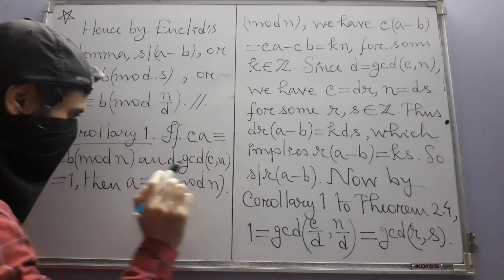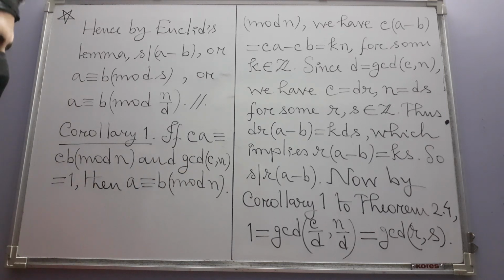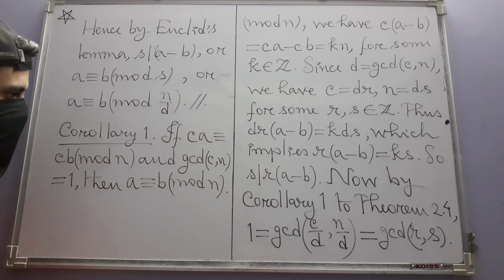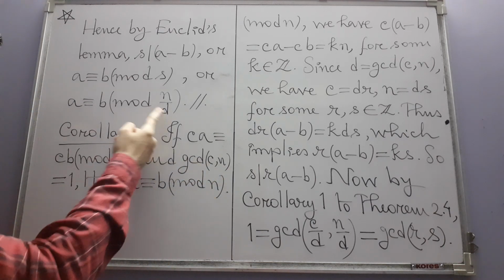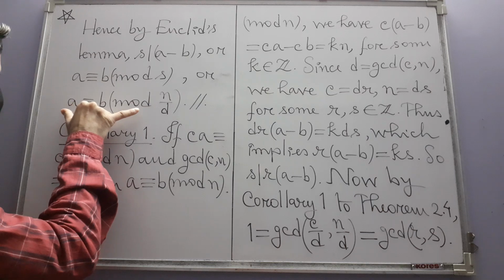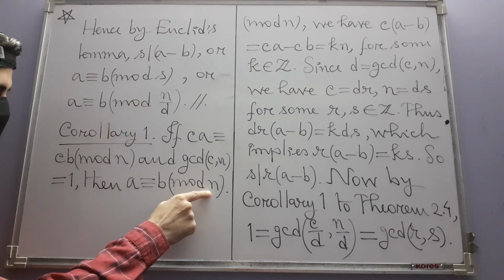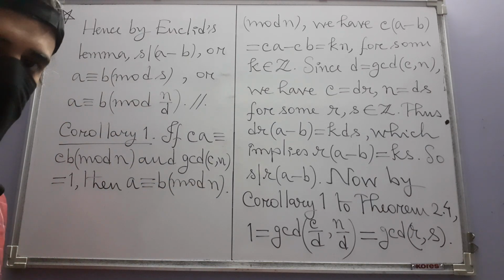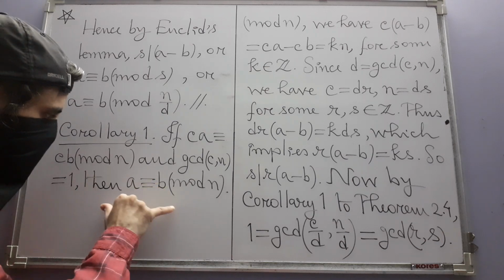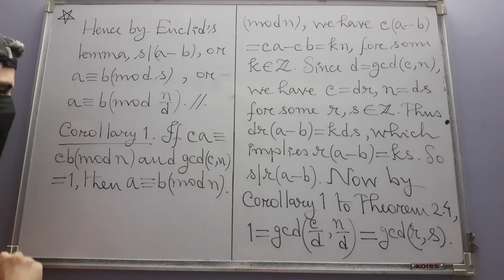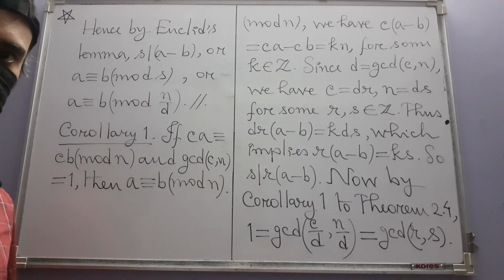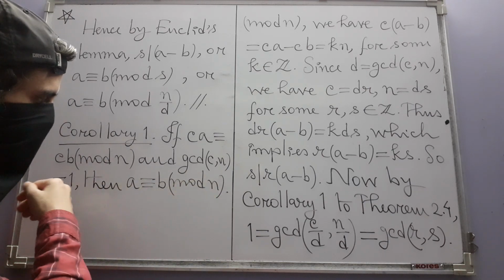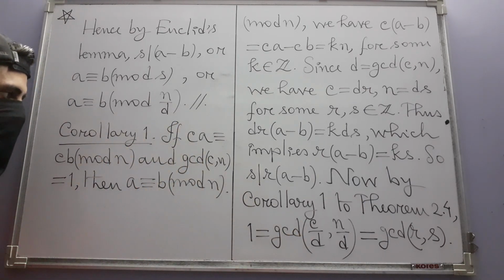There is in fact no need to write a separate proof for this also. Why? Because you just apply the previous result. The GCD of C and N being 1 here means what? D is 1. So when you write this congruence, you have N divided by 1 here. So that is just N. So in this special case, you can in fact cancel C from both sides, and that too without changing the modulus. So you keep the modulus, you keep everything else, only C vanishes.